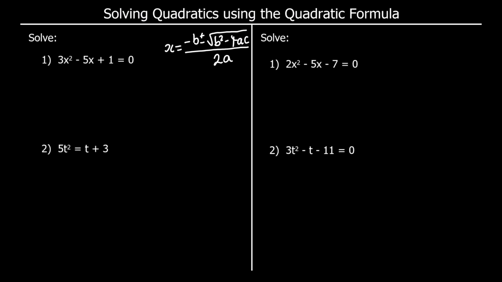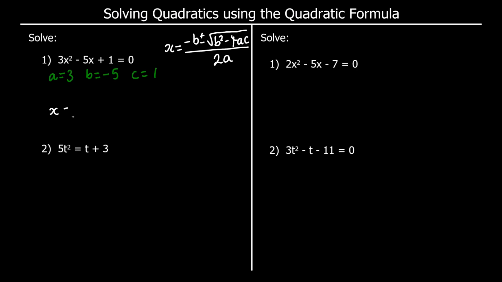In this case, a is 3. b is the number before the x, so we've got negative 5 here. And c is what's left on the end, the number by itself, which is 1. So we just substitute these into the quadratic formula, and we can solve the quadratic.